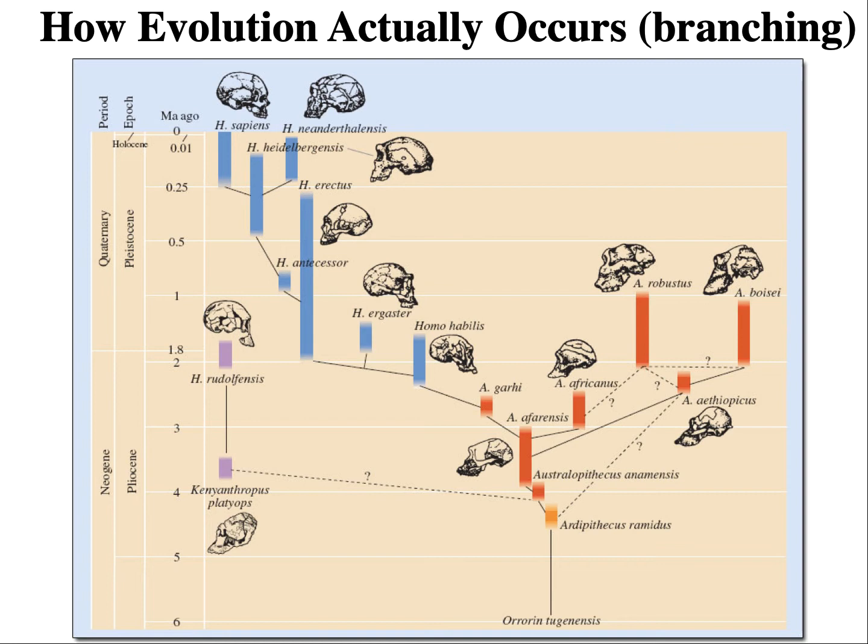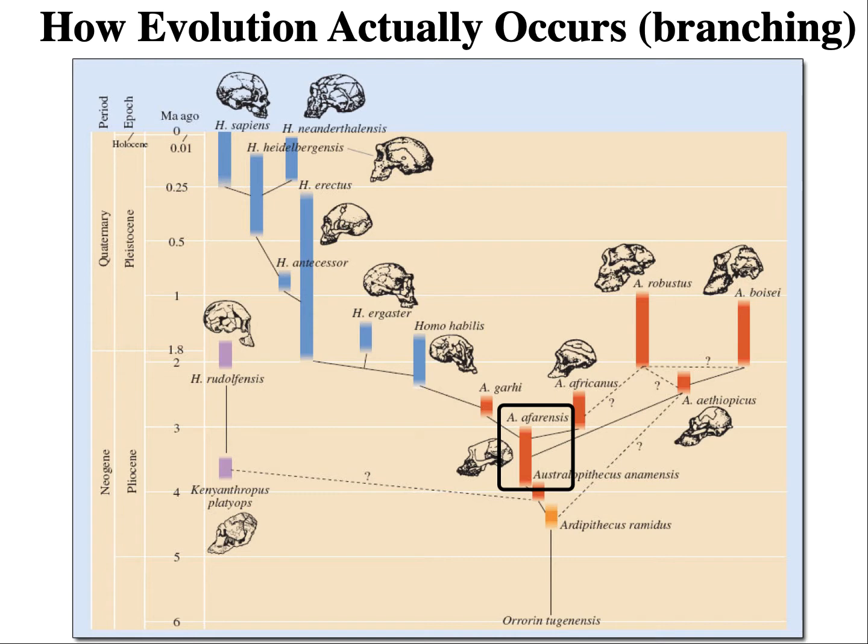So here's a more accurate depiction where down at the bottom here we have the first organisms that started to look human-like. And that's Ardipithecus, back around 4.5 to 5 million years ago. Moving up into the Australopithecines, Australopithecus afarensis was around for actually quite a long time, almost 1 million years.